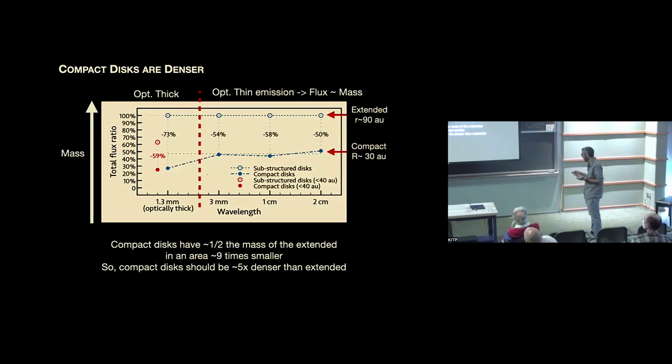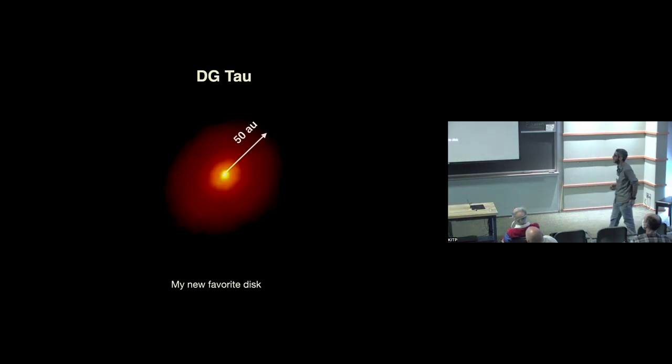But they are much smaller. They are 9 times smaller. So they should be intrinsically denser than the extended disk. So this is the reason why they look highly optically thick.